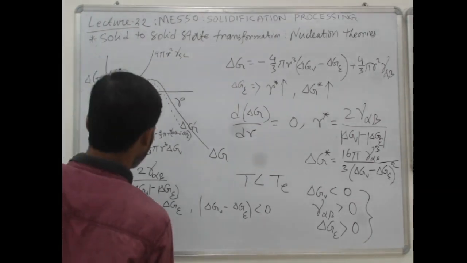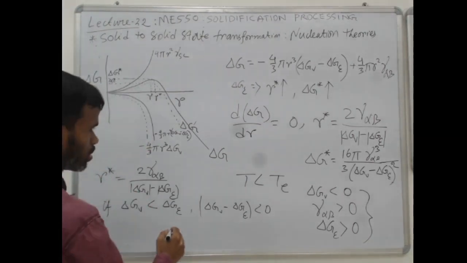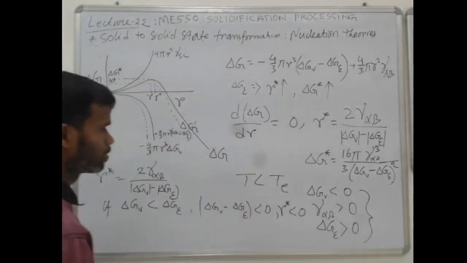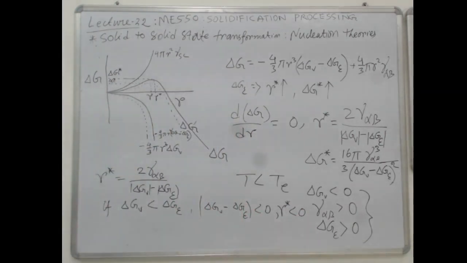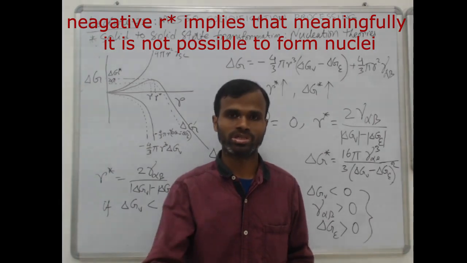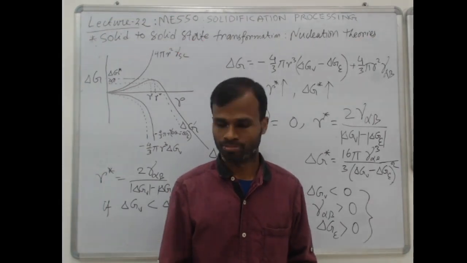If it is less than 0, what will you get? R star will be less than 0, or negative actually. So R star negative implies that this is not possible. Meaningfully, it is not possible to form nuclei.